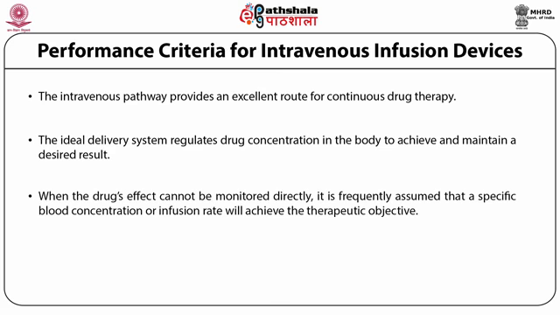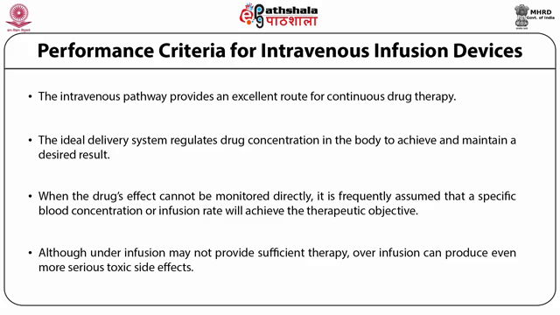When the drug's effect cannot be monitored directly, it is frequently assumed that a specific blood concentration or infusion rate will achieve the therapeutic objective. Although under-infusion may not provide sufficient therapy, over-infusion can produce even more serious toxic side effects.